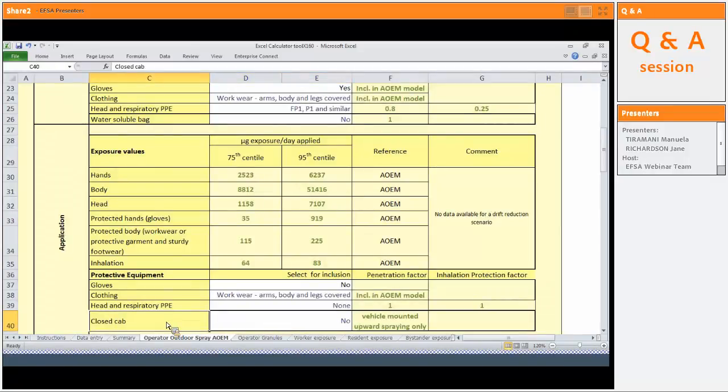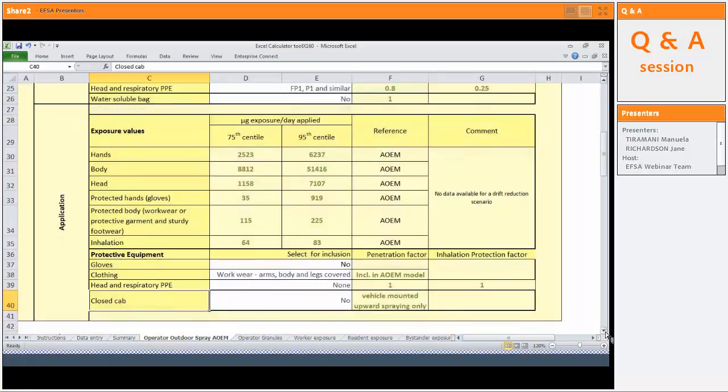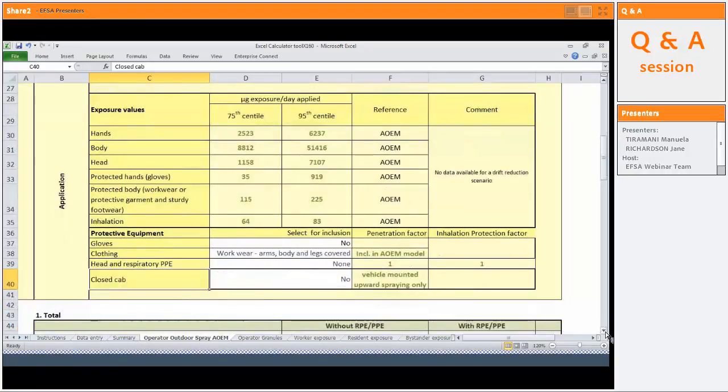And I think that's an important thing to explain, that the closed cabin option is only appropriate for upward spraying. So the AOEM model had a number of studies of upward spraying where they were using cabins for the application, and therefore they were able to create a model that allows us to estimate exposure when the operator is in a closed cabin.